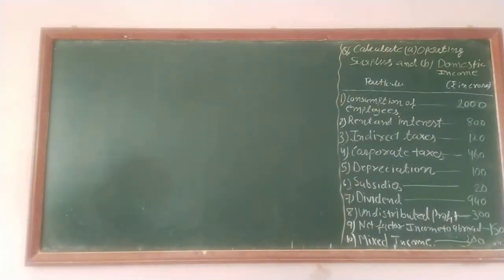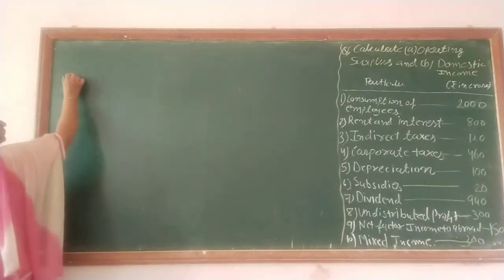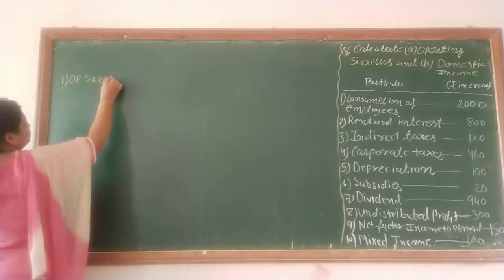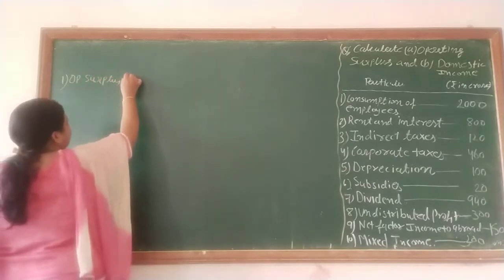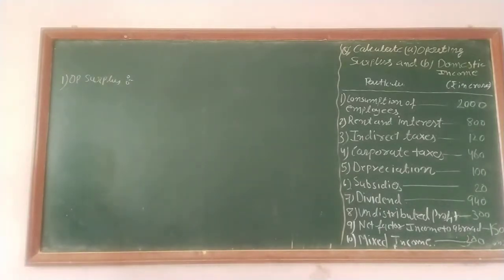First, operating surplus. What is the formula of operating surplus here? Operating surplus means the total of rent and interest plus corporate tax plus undistributed profit.